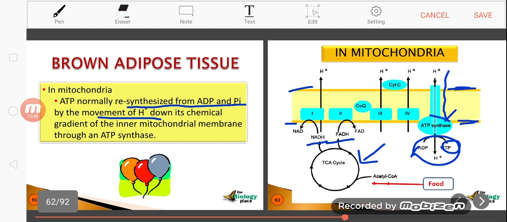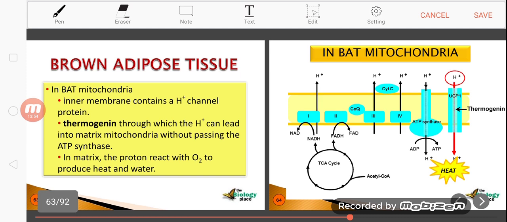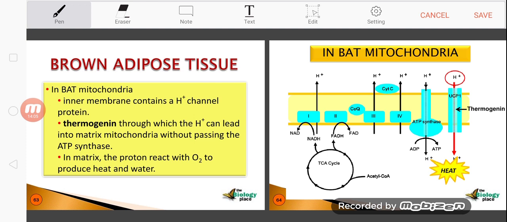So what happened in BAT relating to mitochondria? Okay, in BAT mitochondria, the inner membrane contains an H plus channel protein. So our thermogenin protein is actually this one. Thermogenin protein is actually an H plus channel protein, a protein that allows H plus to pass through, or a transporter protein for H plus.